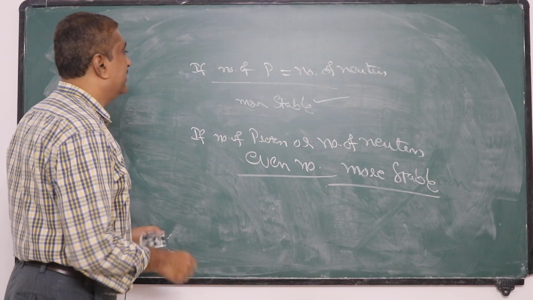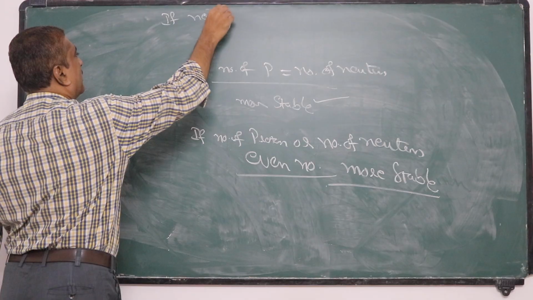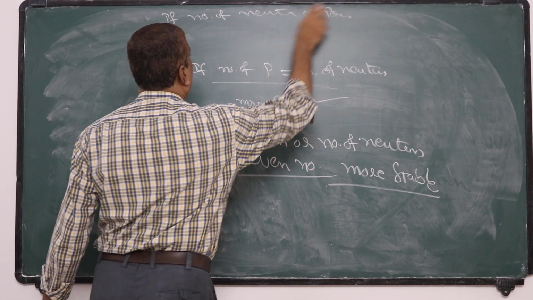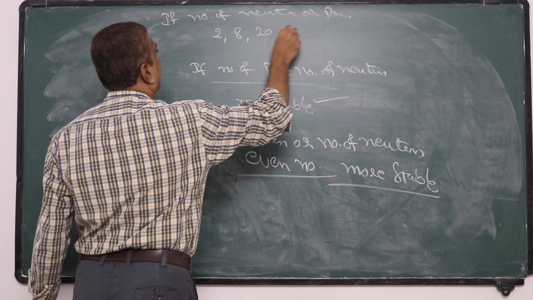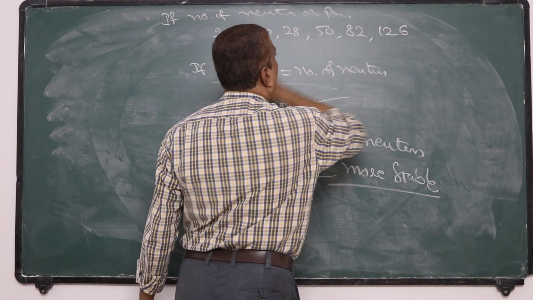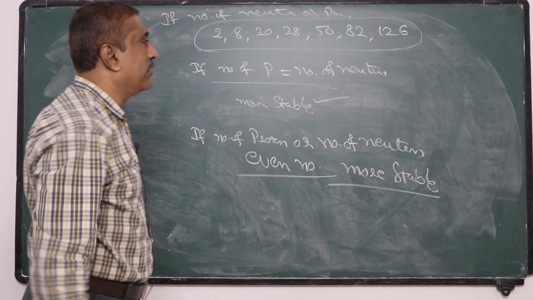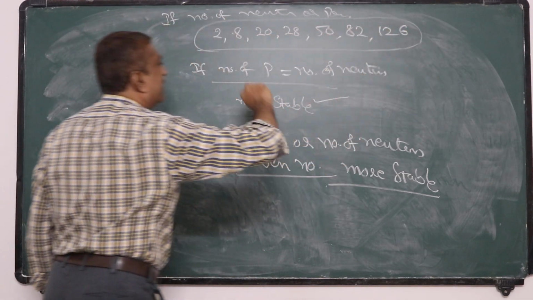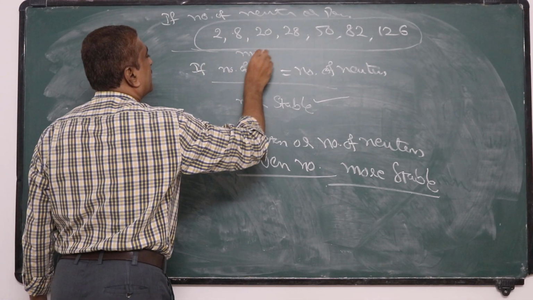And another condition is there: if the number of protons or number of neutrons is equal to these numbers, 2, 8, 20, 28, 50, 82, 126, if the number of protons or neutrons is equal to any one of these numbers, then the nucleus is also more stable.